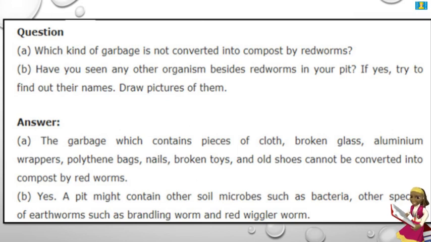Have you seen any other organisms besides redworms in your pit? If yes, try to find out their names. A pit might contain other soil microbes such as bacteria, other species of earthworms such as brandling worms and red wriggler worm.